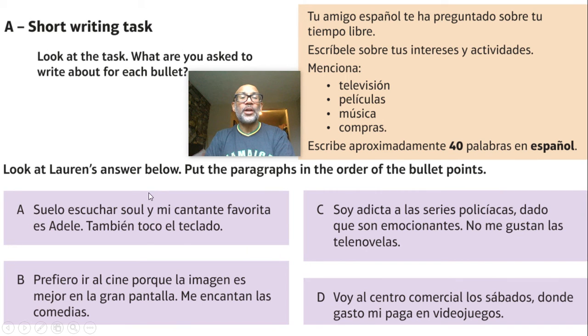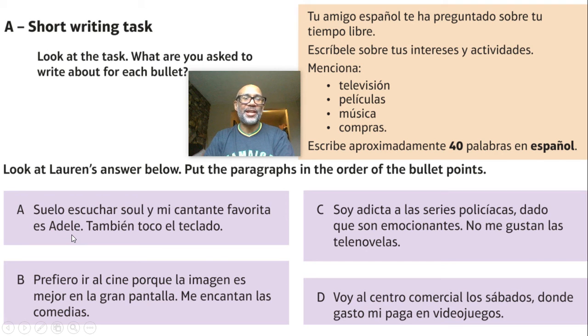Okay, over to music now. Suelo escuchar soul. I usually listen to soul. Mi cantante favorita es Adele. And my favorite singer is Adele.